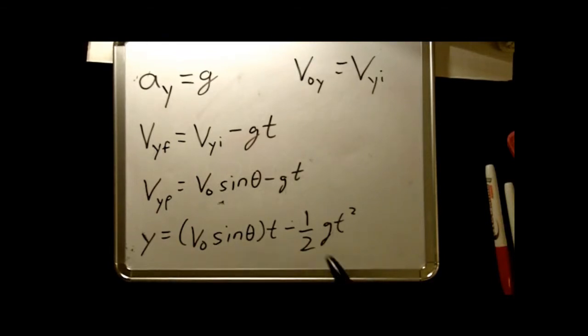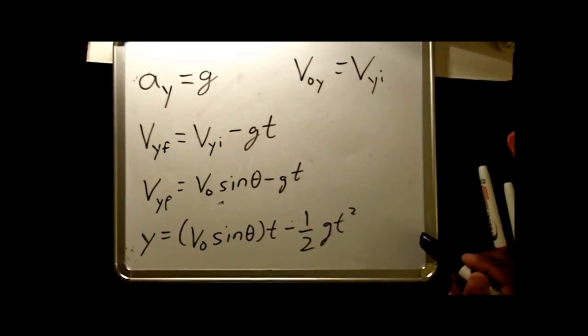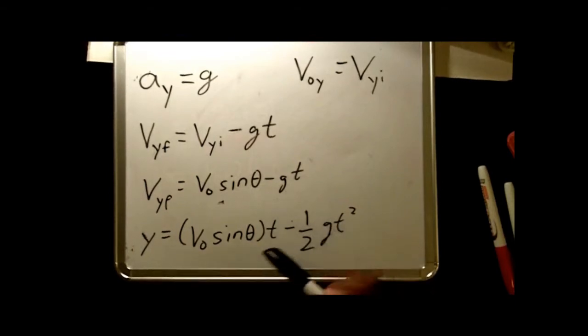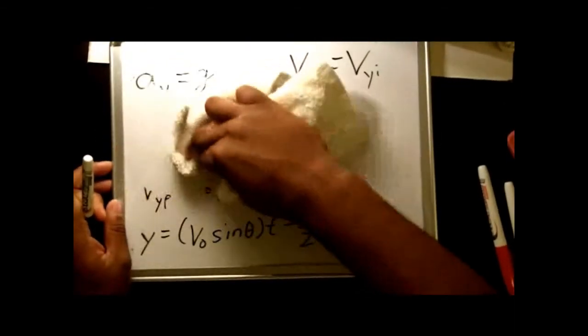Now, like I said, these equations account for the object going up and down. But one thing you can do is combine the equation you got in the x direction with this equation right here in the y direction using time. I'll erase all this stuff up here. I'm going to rewrite that equation at the bottom again.